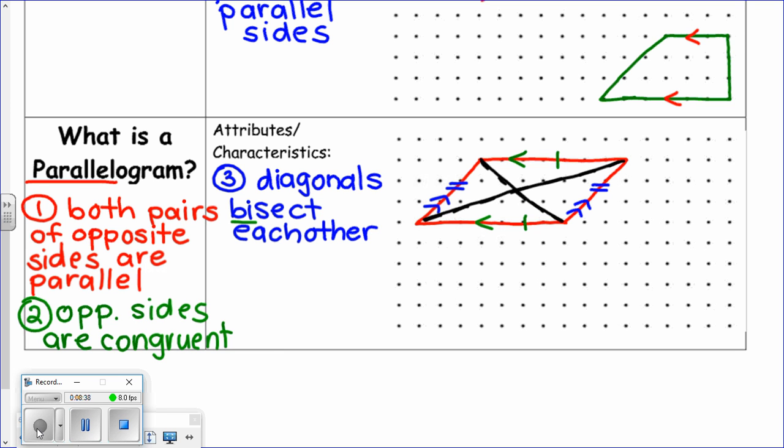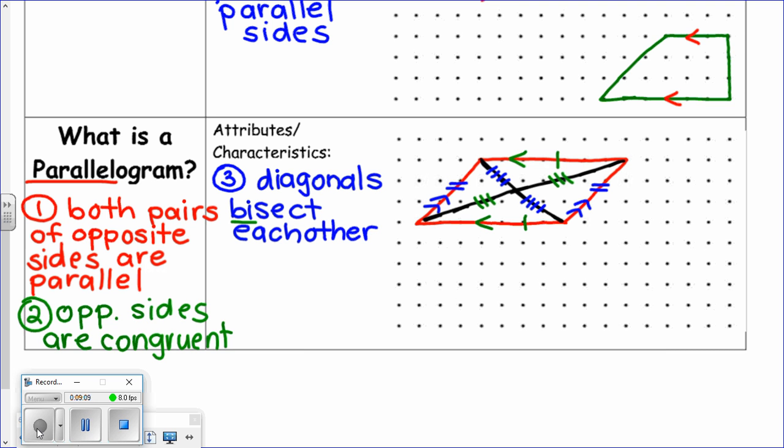If I cut something in half, that means I've cut it into two equal pieces. So what we're saying is this left side of the line and the right side of the line are now congruent to each other. And I'm going to mark that with 3 tick marks. And we're also saying that this left side of the line is congruent to this half of the line. So that's what it means to bisect each other. So go ahead and finish drawing that while I show you some other parallelograms.